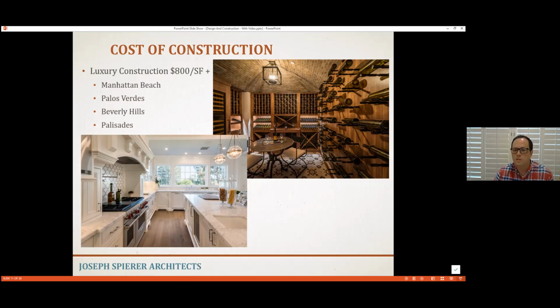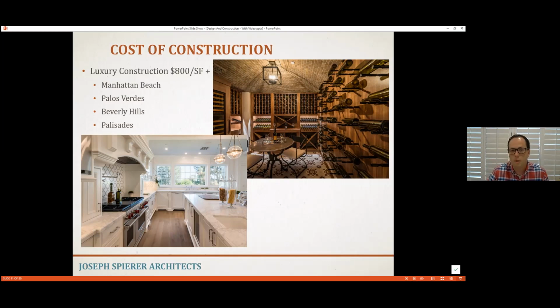Those types of things really drive up cost and can make it so you end up hitting this price per square foot that we're seeing right here, right? We have a project on Rocky Point in PVE right now, which is going to be at the $1,200 per square foot mark. And then we have everywhere in between.